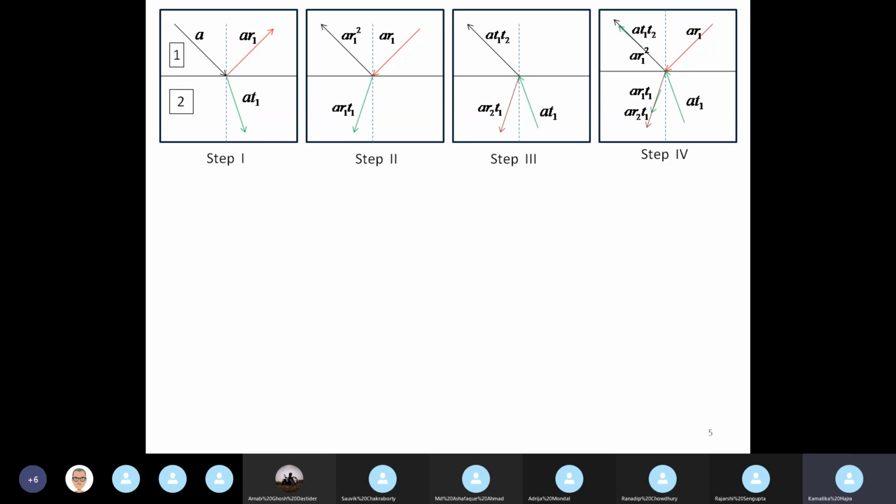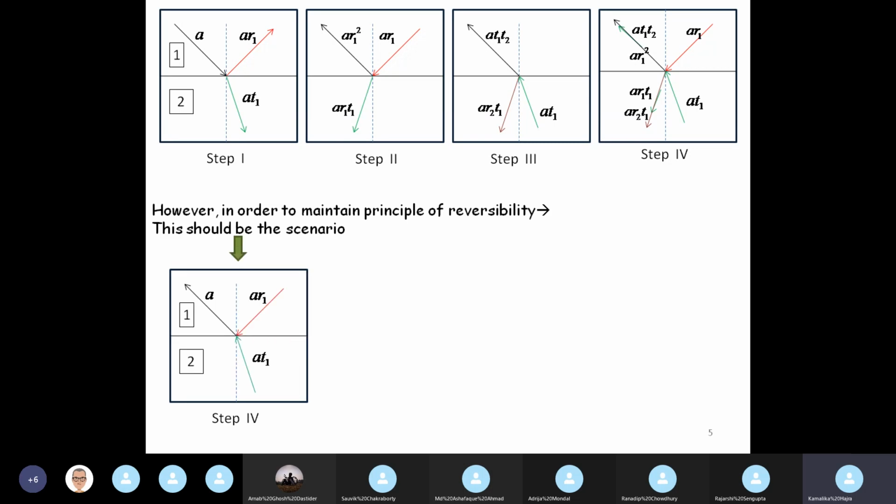Now if the principle of reversibility is to be maintained, then this should be the scenario. What does the principle of reversibility say? That if you just interchange the position of the observer and the source, then what you have to do is just reverse the position of the rays.